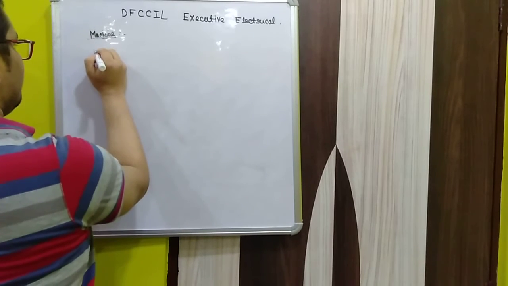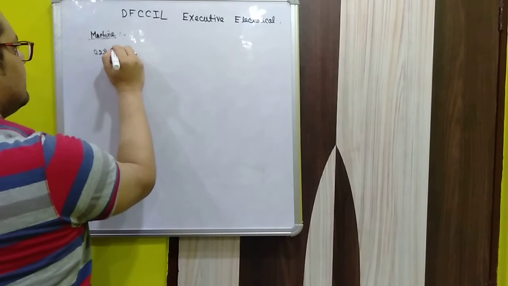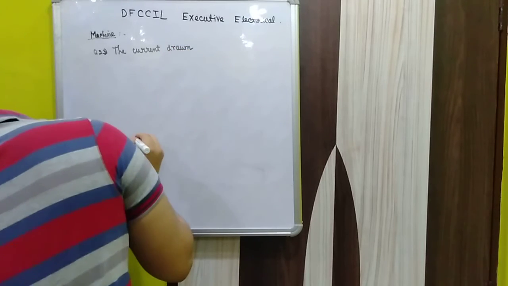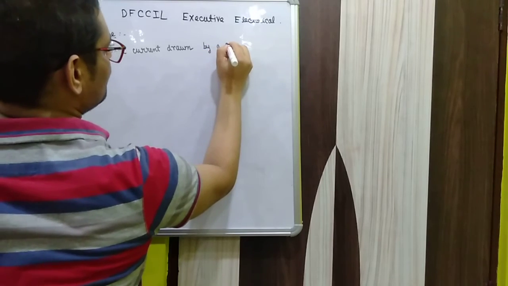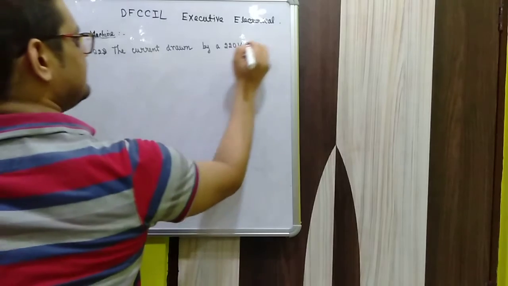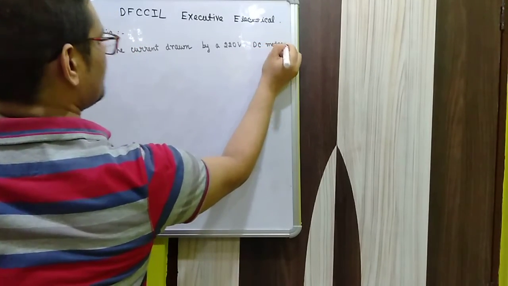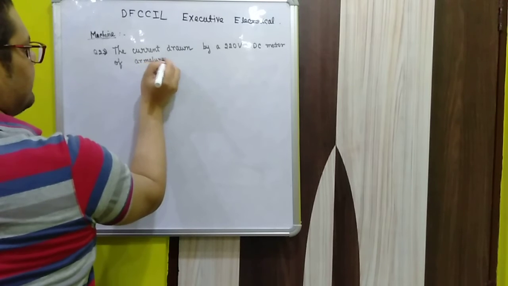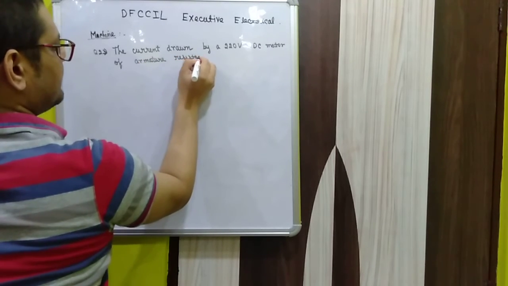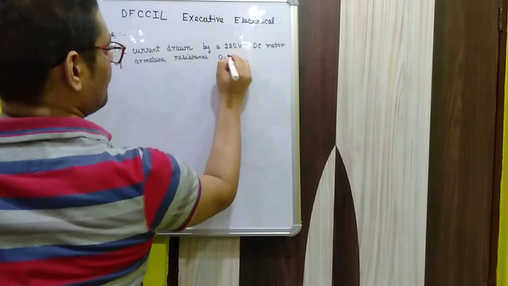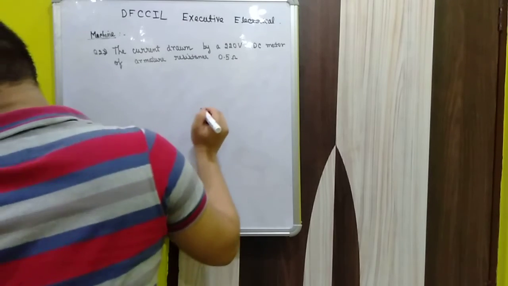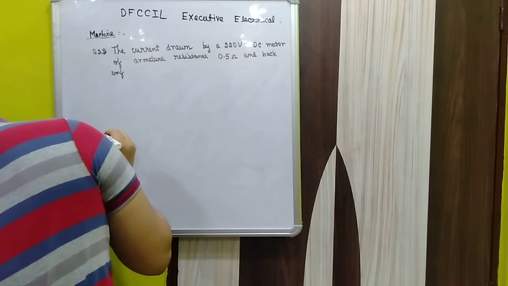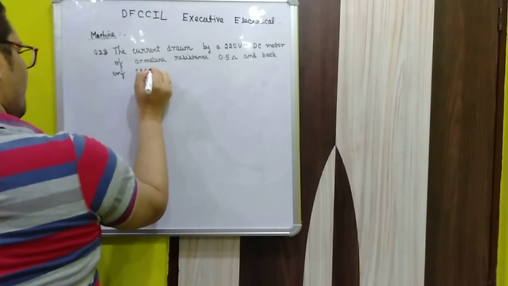The current drawn by a 220 volt DC motor of armature resistance given as 0.5 ohm, and the back EMF 180 volt.